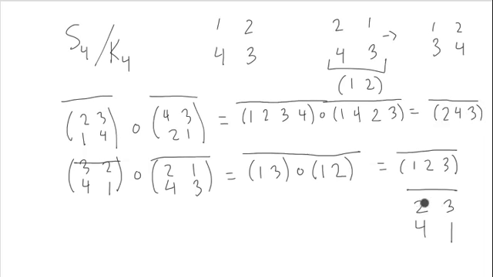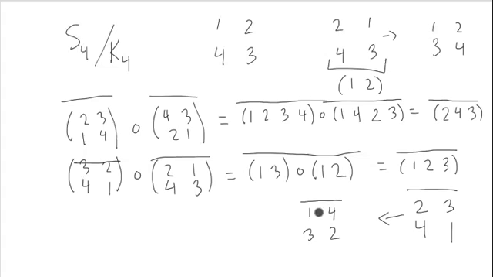Now, you see this representative here? Let's alter this a little bit by using one of the representatives of K4, one of the reflections. Let's do diagonal. So if we change things on the diagonal, we would end up getting 4, 3, 1, 2. Let's take a look at what's going on right now with this.